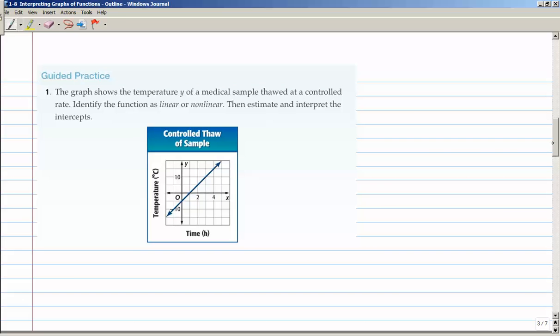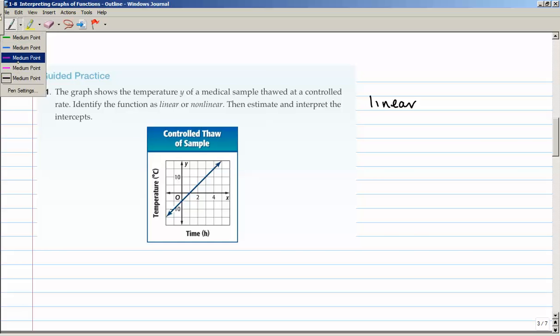Let's take a look at this example. This graph shows the temperature, which is y, that's going to be on my y-axis, of a medical sample thawed at a controlled rate. So in other words, something was taken out of the freezer and is being thawed at a controlled rate. Identify the function as linear or nonlinear. Well, that's pretty easy. That's linear because it's a line. And then estimate and interpret the intercepts.